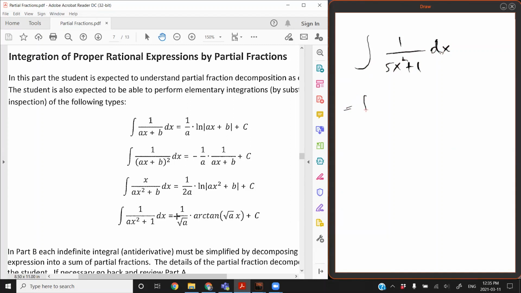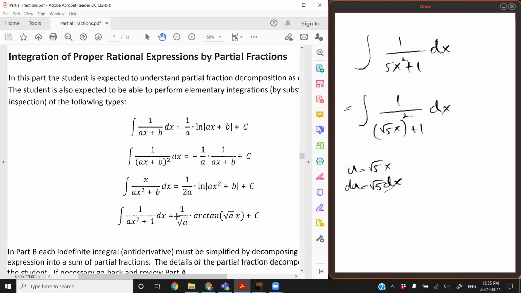So you can write this as 1 over (root 5 x) to the power of 2 plus 1 dx. Then take u to be root 5 x, so that du is root 5 dx.